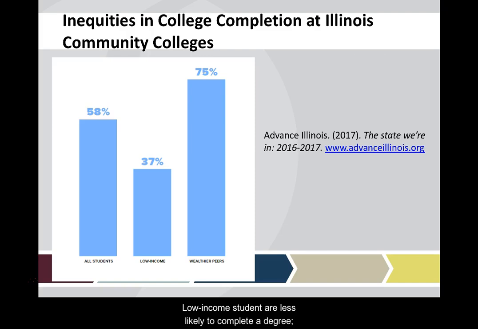Low-income students are less likely to complete a degree. As you can see on your screen, low-income students complete at a rate of 37%, whereas their wealthier peers finish at 75%.